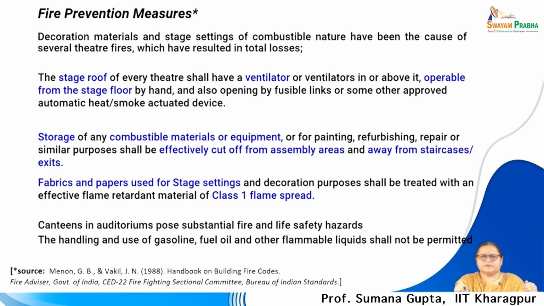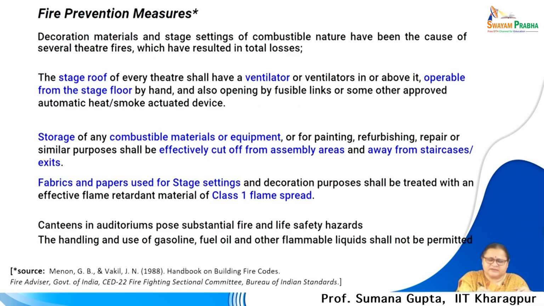Any combustible material or equipment for setting up the stage should be rated and should be taken off from the assembly area, because there most of the people are getting gathered.